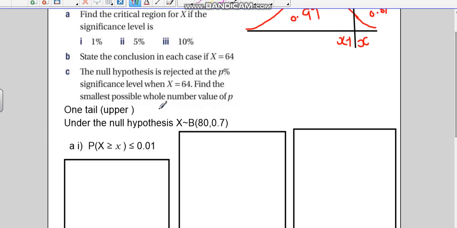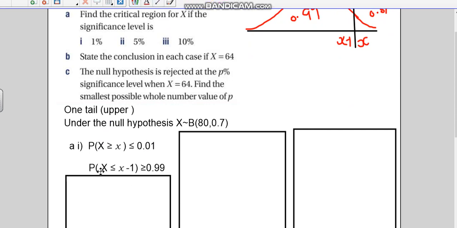So another way of writing this is to say that we're going to look for the probability that x is less than or equal to x minus 1 is 0.99 or greater, because if this is smaller than 0.01, if I have to move that line up a little bit, then this bit will get greater than 0.99.